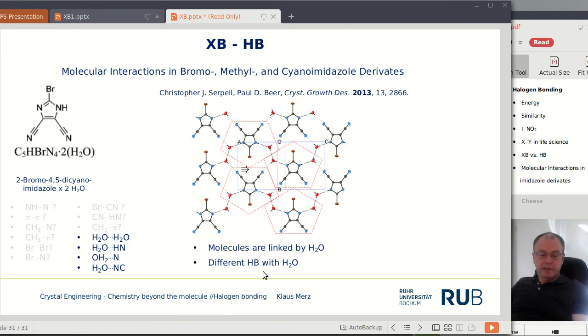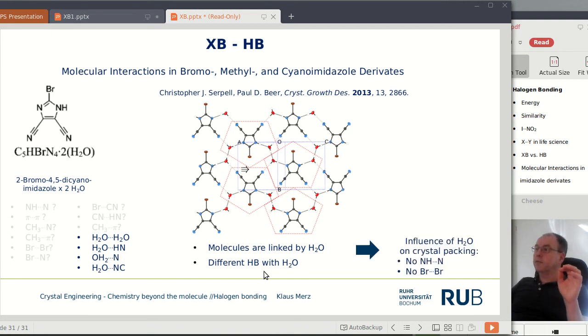And we see this very often when talking about crystal structure design. If water is present, water dominates the crystal packing. Very important.